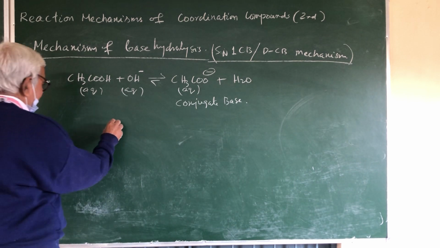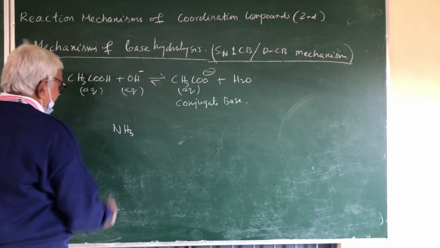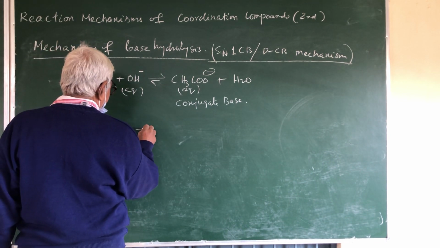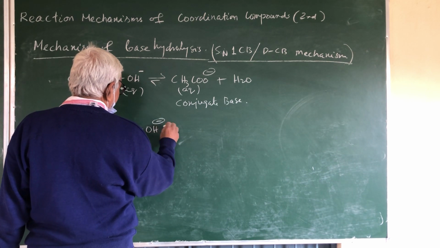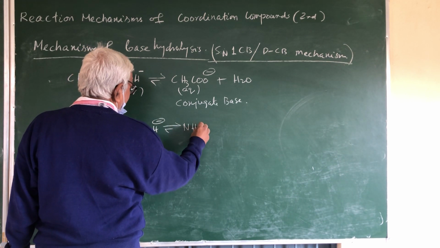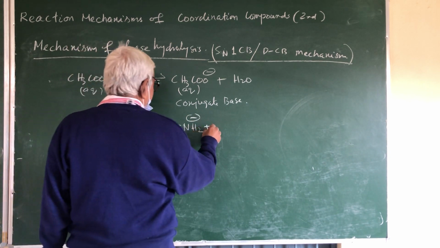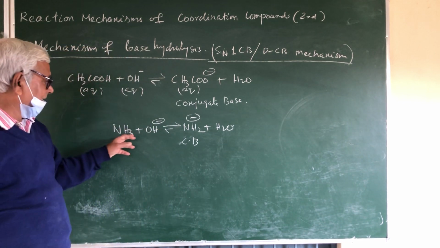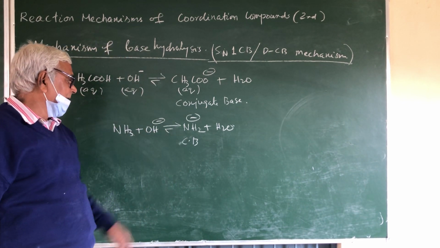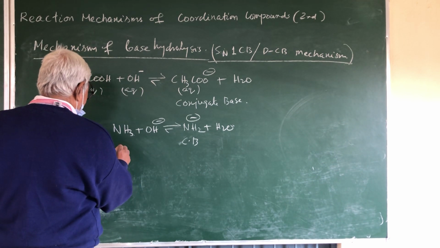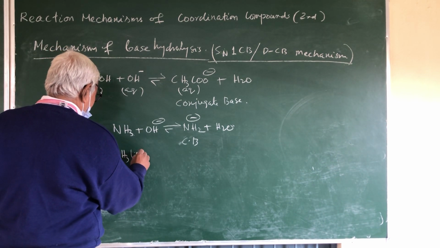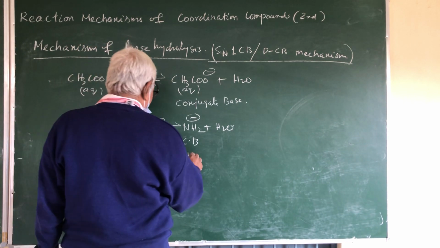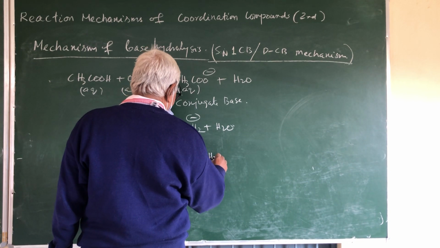If you take ammonia, when ammonia is behaving like an acid, it will combine with hydroxide ion producing amide. This is the conjugate base. Amide formation does not take place with hydroxide ion, but it can take place in the presence of sodium. If you take liquid ammonia plus sodium, you get sodamide, NaNH2 plus hydrogen.